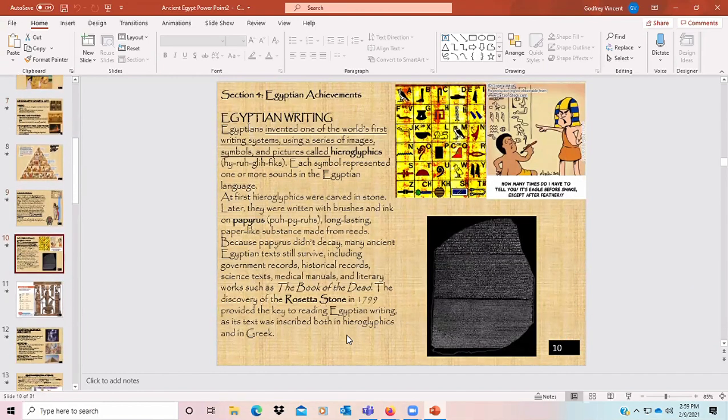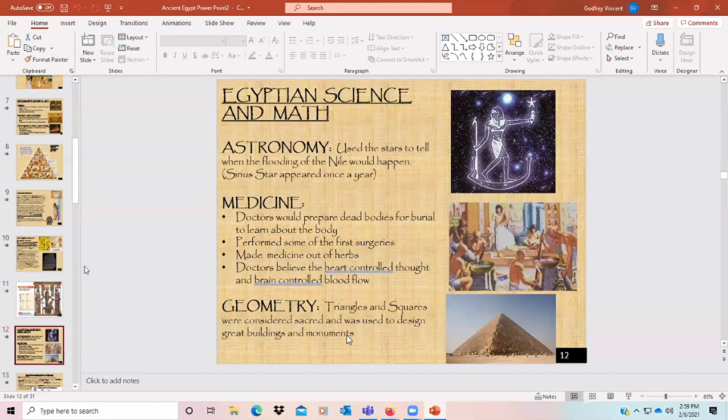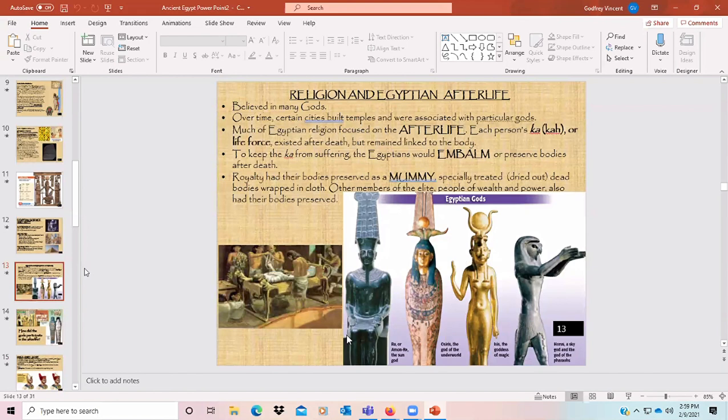We talk about Egyptian writing called hieroglyphics, different from what is practiced in Mesopotamia. And this is some symbols of the writing and pictures. And they practiced their religion, many gods.